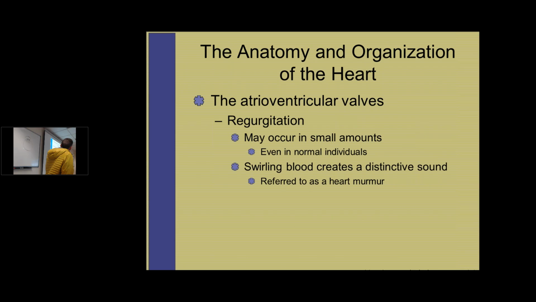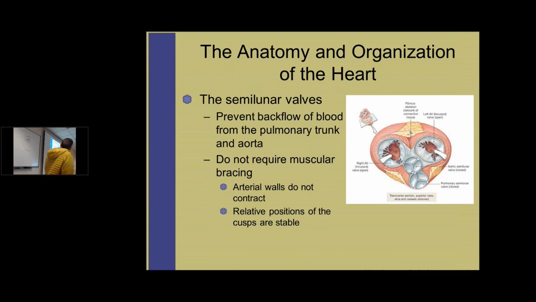So regurgitation, and that's the murmur that sometimes you can hear, right? This slow going and kind of circling, that blood circling creates that swirling effect, and it creates a murmur that you can hear. The semilunar valves are the pulmonary valve and the aortic valve.